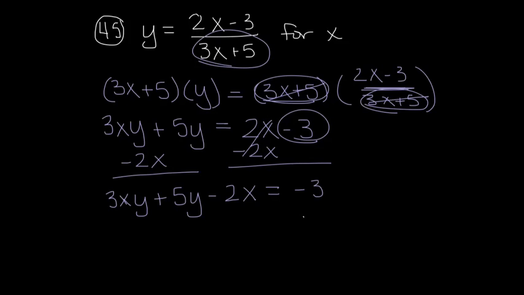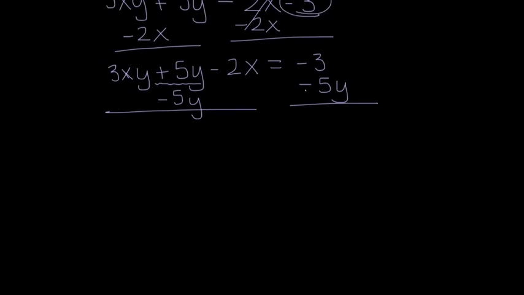The 5y doesn't have an x, so I need to move him over, so I'll subtract 5y from both sides. Doing that, my 5y's cancel. I have 3xy minus 2x equals negative 3 minus 5y. Not like terms, so that's all I can do with those.